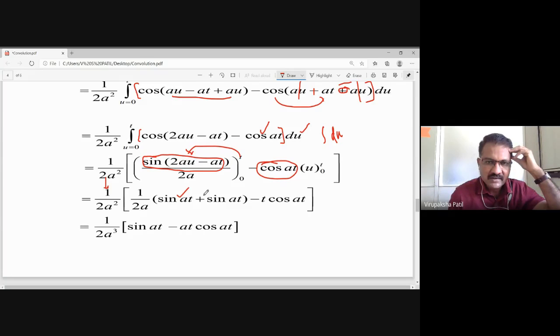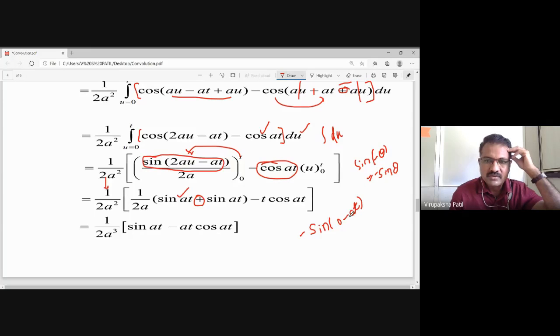I'm sorry. Then next, I have written plus here. So actually, what will you get there? For the lower limit, if you put μ equal to 0, you will get sine of 0 minus at. I'm talking about the lower limit. Sine of minus theta is minus sine theta.